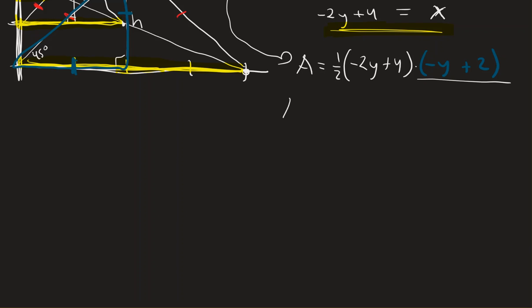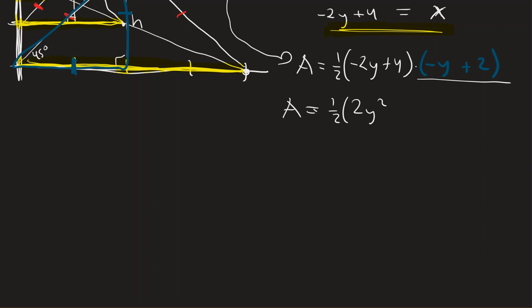Alright, so now that I've got my 1/2, my base, which I can kind of see pretty easily from my sketch, and then my height, which I had to do a little bit of work to solve for. But I'm going to try to make this look a little bit neater. I'm going to FOIL these out.